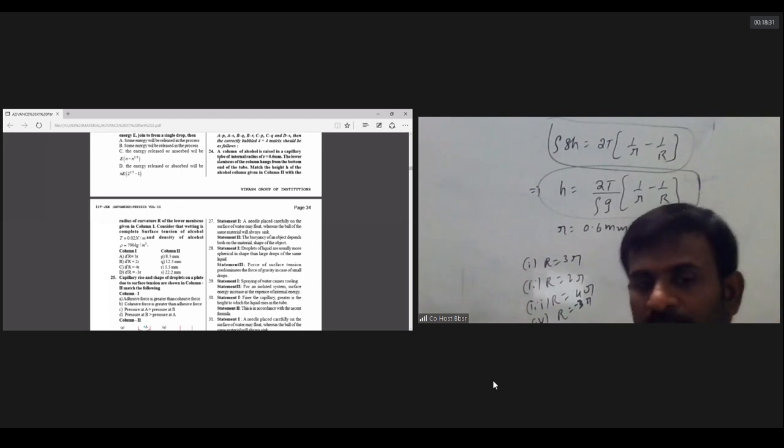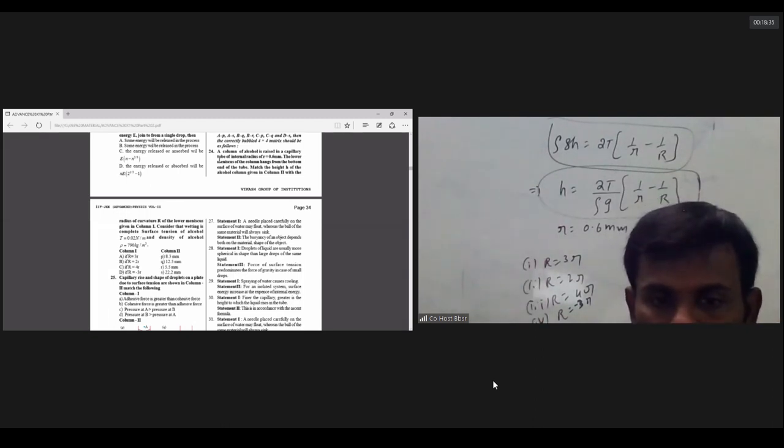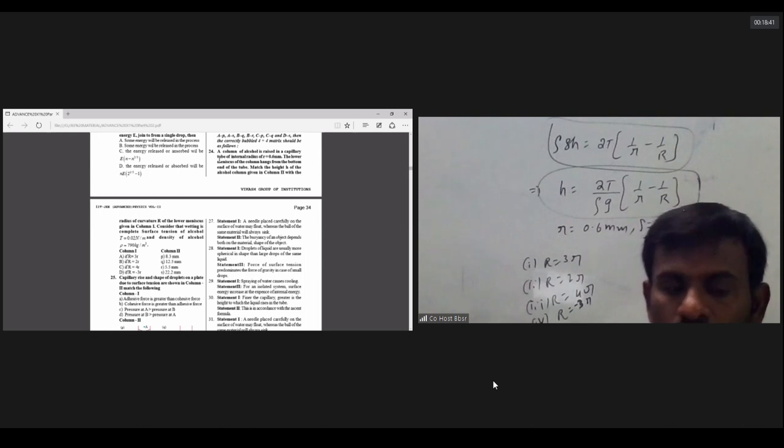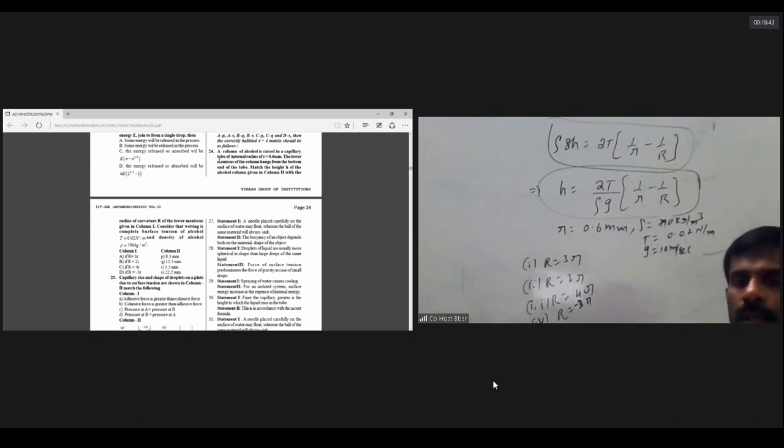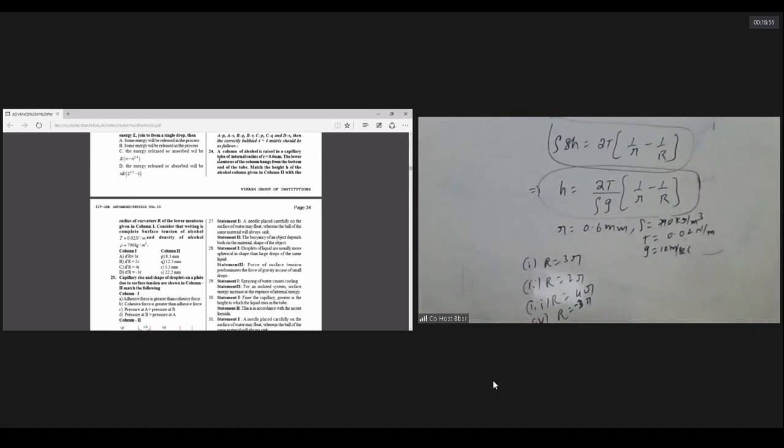Minus 3r means it should go down. Apply each and every case in the given numerical. Then tally both 1 and 2 without any small mistake.